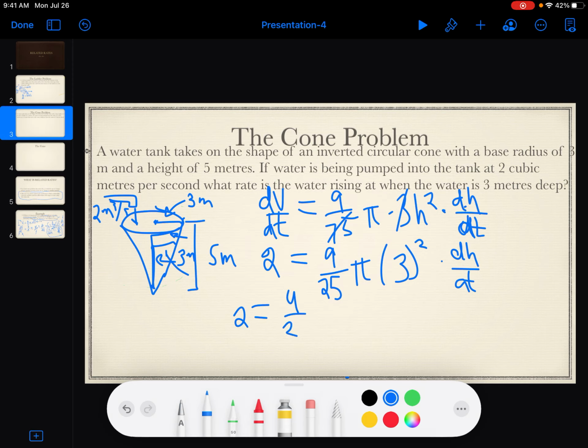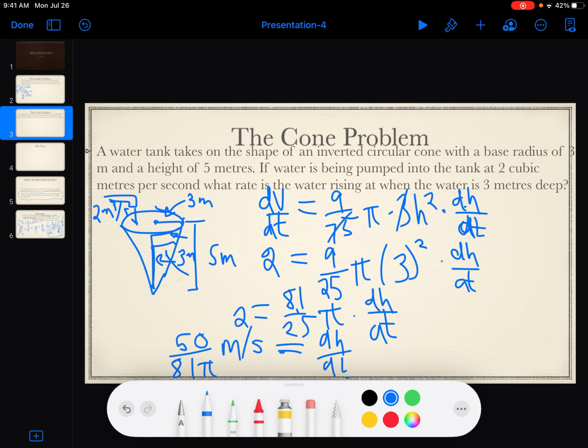just a matter of now just computation, and, well, this is just 1 pi times dh by dt, and this just comes out to 50 over 81 pi meters per second, I guess. dh by dt.